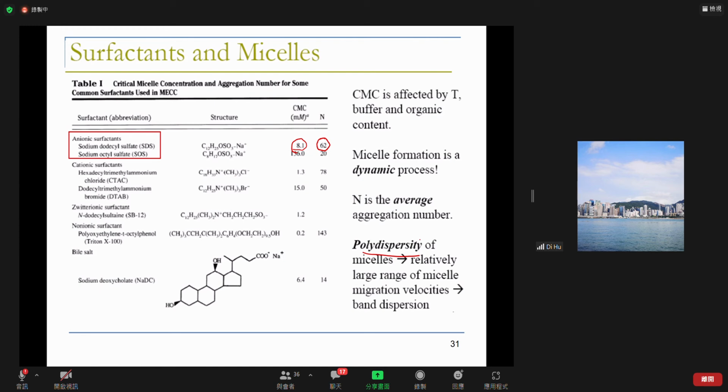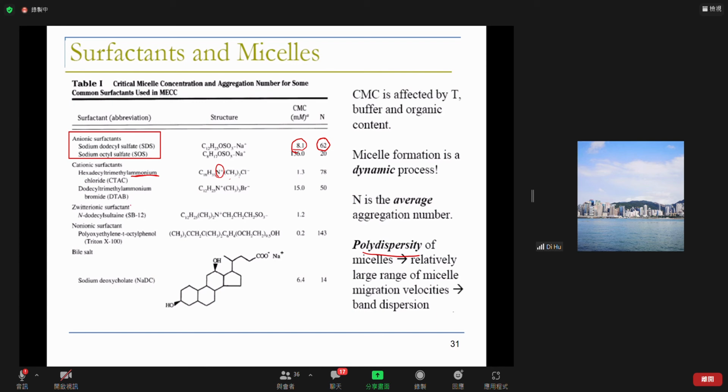This is an example of a cationic surfactant, with ammonium as we expected. Hexadecyl trimethyl ammonium is a C16, and it has a trimethyl group, so it's a quaternary amine.